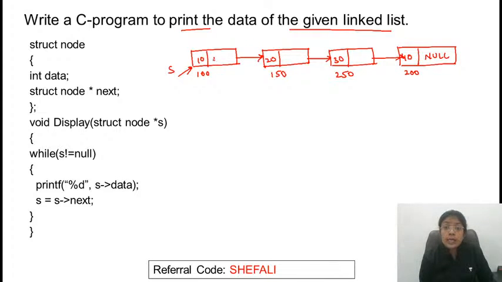So this will be containing 150, the address of the next node. This will be containing the address of the next node, that is 250, containing the address of the next node, that is 200. This is representing the data part, and this is representing the next part, data part, next, and so on. For every node, there are 2 parts, 2 fields, data field and the next field.